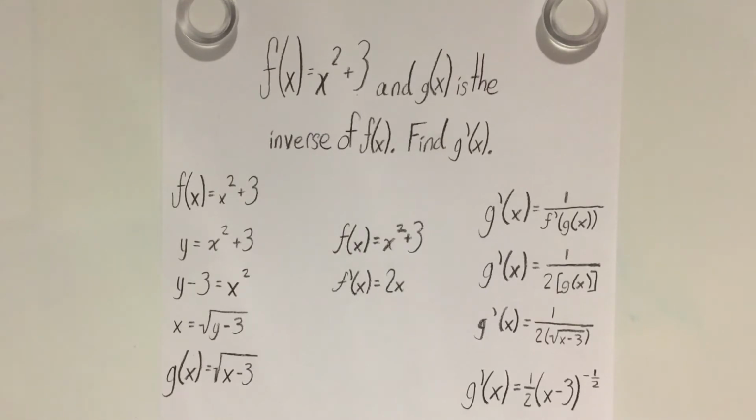Plug in 2x for f prime and g of x for x. Therefore, the inverse g prime of x equals 1 over 2 times the square root of x minus 3. This can be further simplified and rewritten to 1/2 times x minus 3 raised to the negative 1/2.